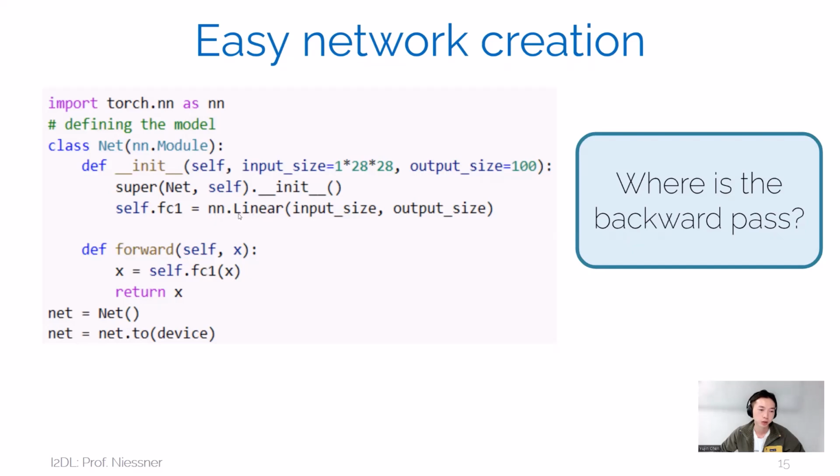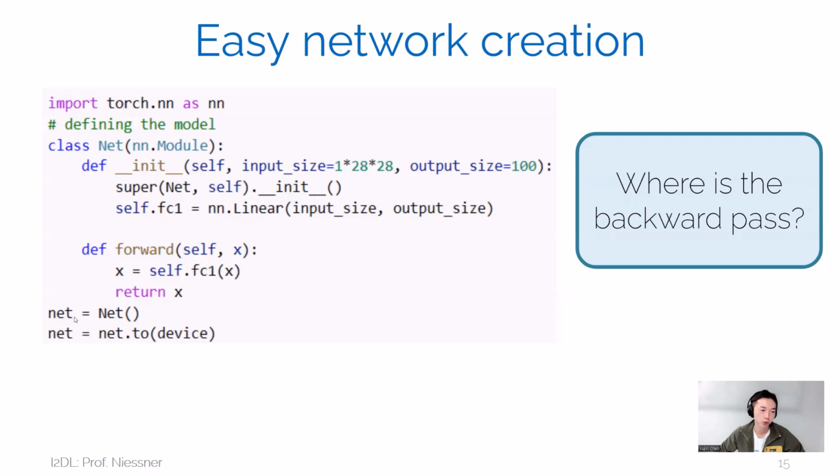Like here, you add a layer with the input size and the output size, and then you have a linear layer. You also need to define the forward path: the input of this network is x, and you forward x through the layers defined in your network initialization.